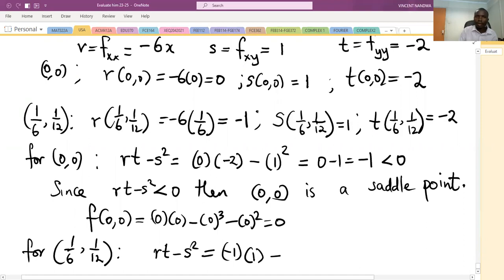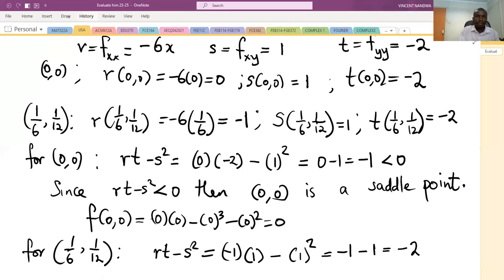And then S is 1. Then square. So we have negative 1 minus 1, which will give us negative 2. Okay, so we have, T is minus 2, not 1.